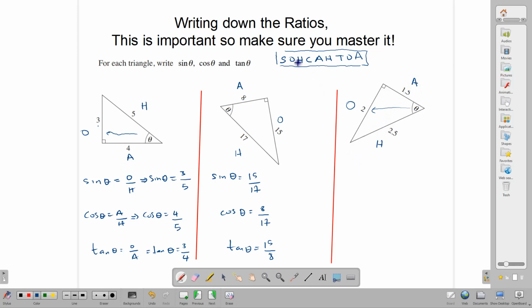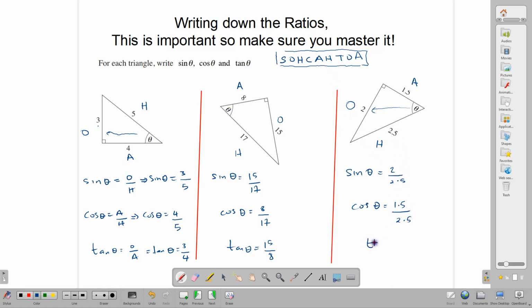So again, SOHCAHTOA, sine is opposite over hypotenuse. So the sine of the angle, you must always say the sine of the angle, whatever the angle is, is equal to opposite, which is 2 over 2.5. The cosine of the angle is adjacent over hypotenuse, which is 1.5 over 2.5.